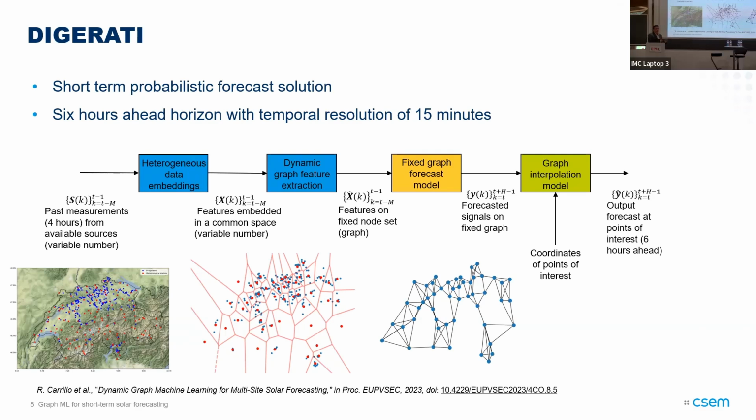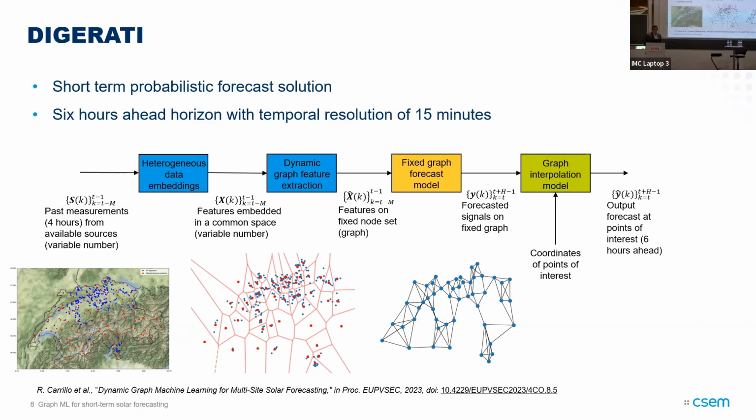At every time, we take the local topology on the cell, and we compute aggregated features for all the nodes that are present at that time. Now, based on these features on a fixed node set, we train a forecast model on the fixed graph, and we forecast signals, in this case irradiance, on the fixed graph.